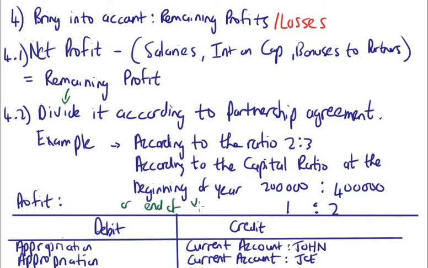So I've just given you guys an example over here. For example, if it's 200,000 is to 400,000, you'll see that's a ratio of 1:2. How did I get that? You just divide both by 200,000 and you get 1:2 in this case.